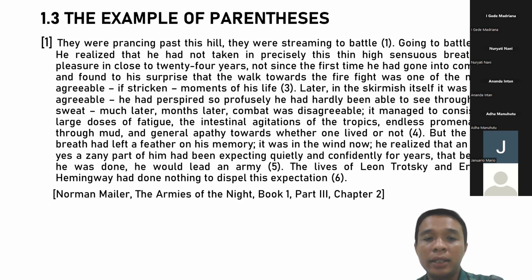Okay, this is the parenthesis use dominantly from the prose written by Norman Mailer, entitled The Armies of the Night, Book 1, Part 3, Chapter 2.